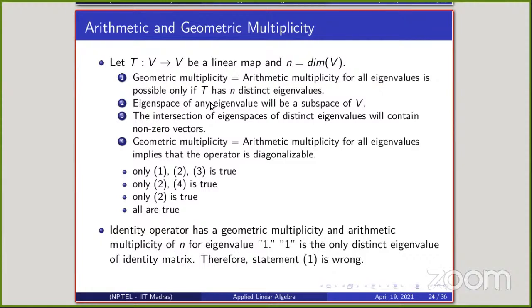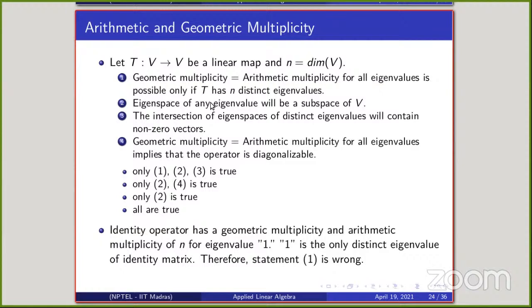Let us first see if the first statement is true. We know that all the eigenvalues of the identity operator are 1. So the eigenvalue 1 has geometric multiplicity and arithmetic multiplicity both equal to n.